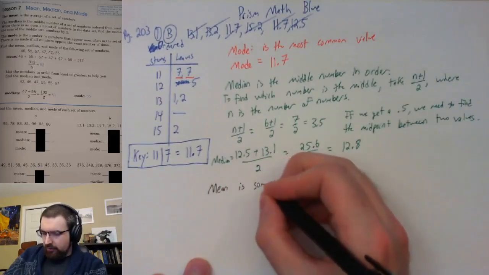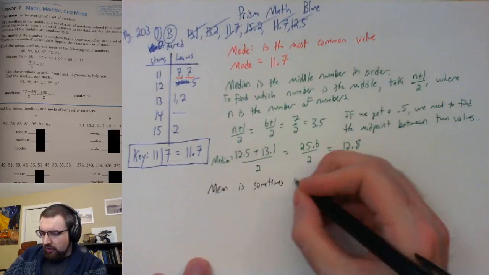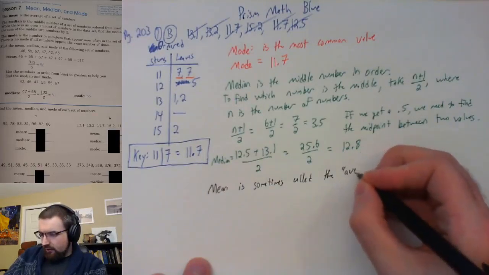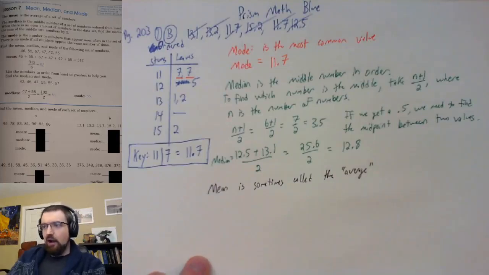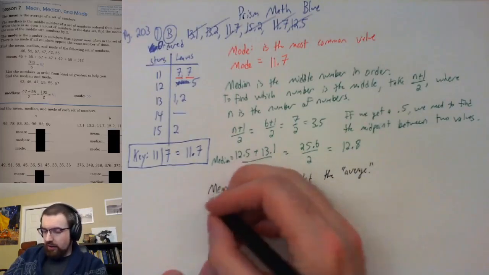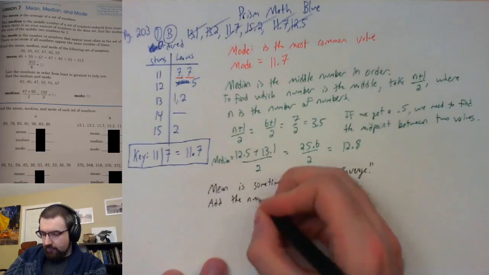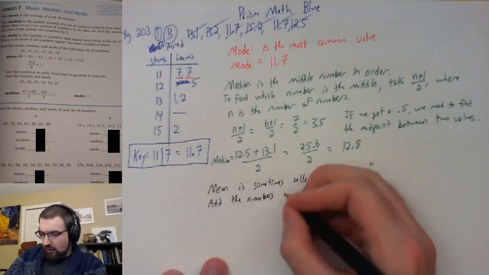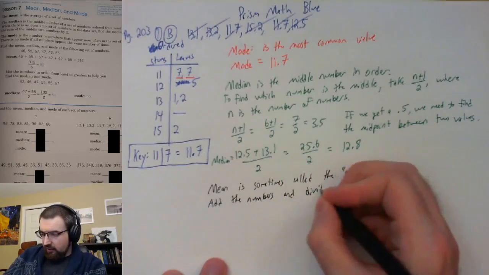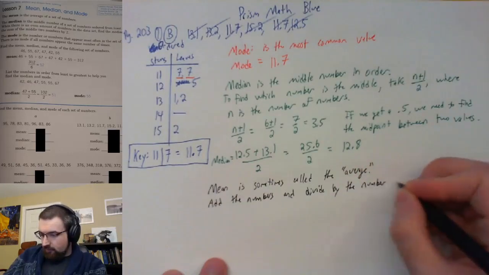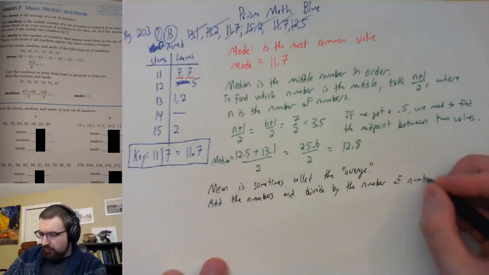And now the mean is sometimes called the average, although it's not the average. These are all different averages, right? Add the numbers and divide by the number of numbers.